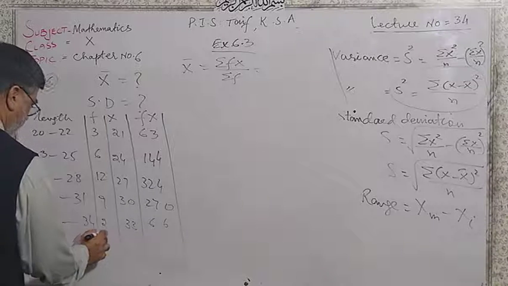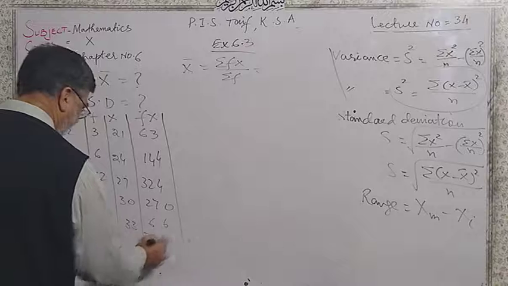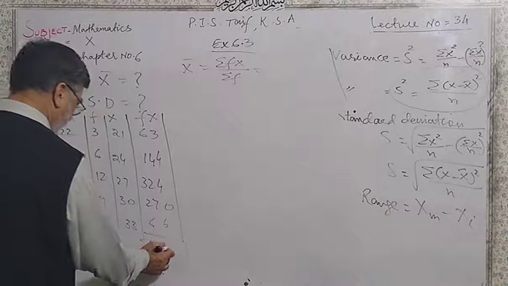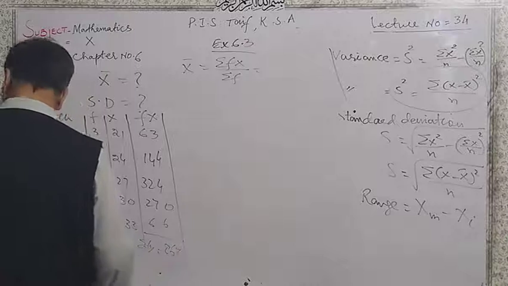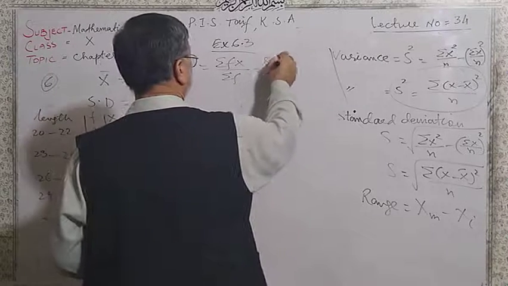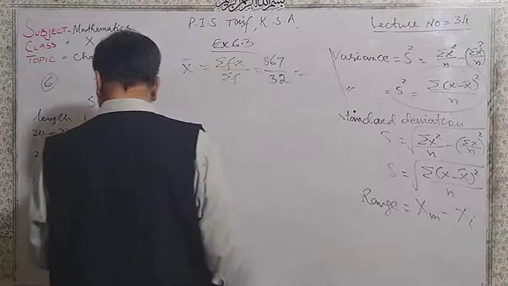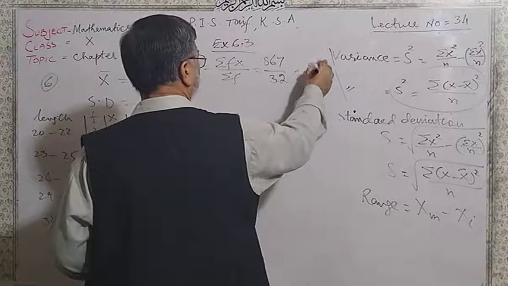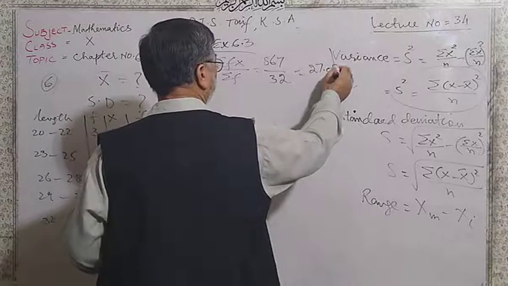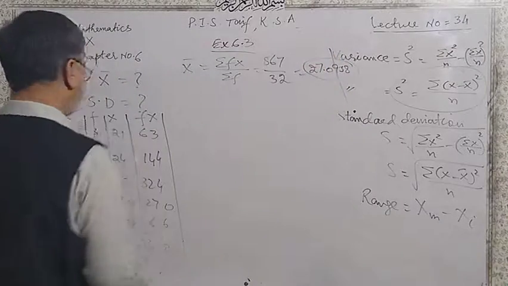Remember that sigma f is 32 and sigma fx is 861. Here you will apply 861 over 32. Your answer will be 27.093238. That is your x bar.